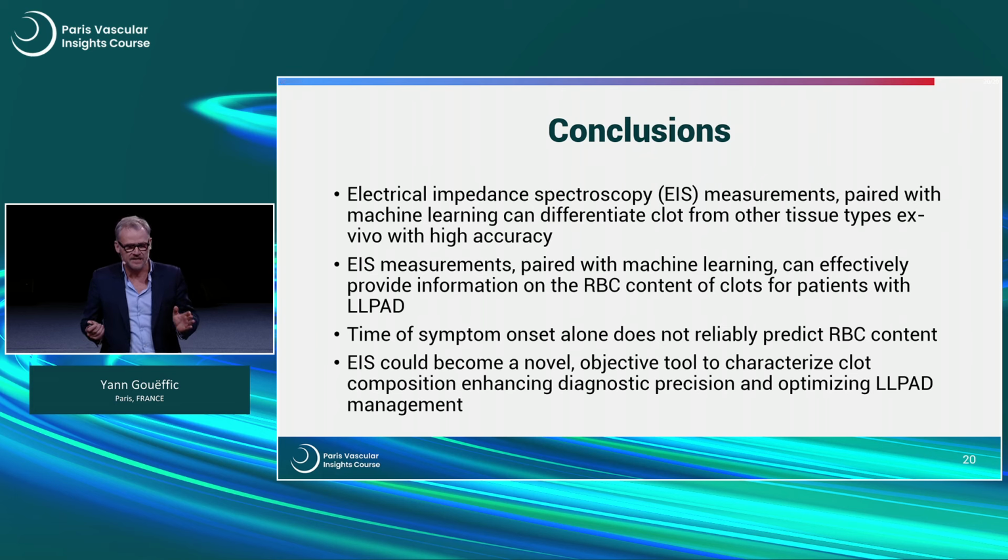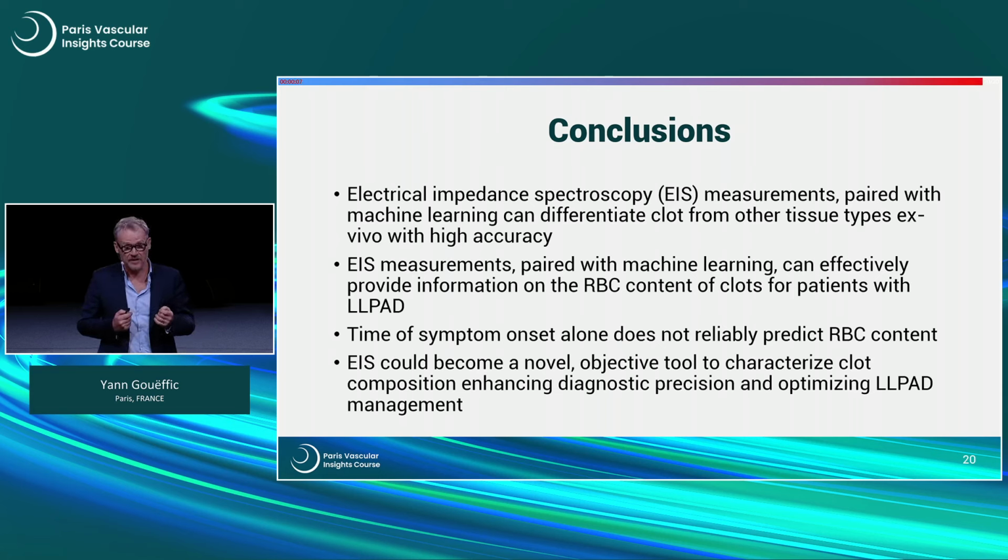So to summarize, impedance measurement paired with machine learning can differentiate clot from other tissue types ex vivo with high accuracy. Impedance measurement paired with machine learning can effectively provide information on the red blood cell content of clot for patients with lower limb PAD.